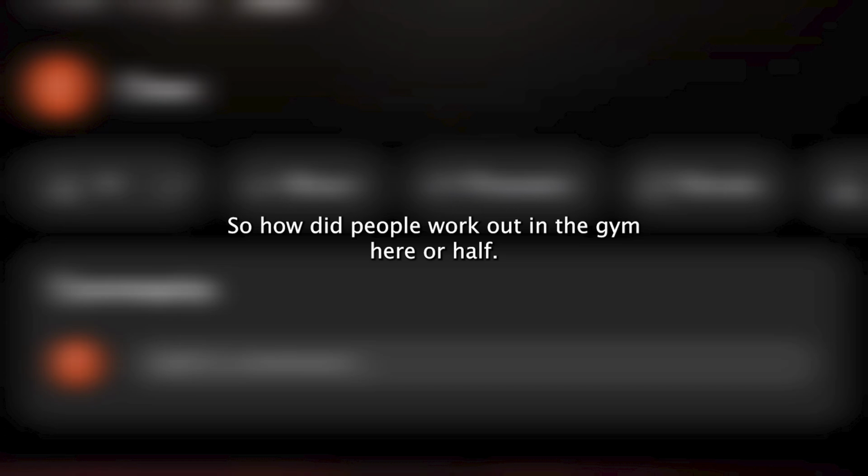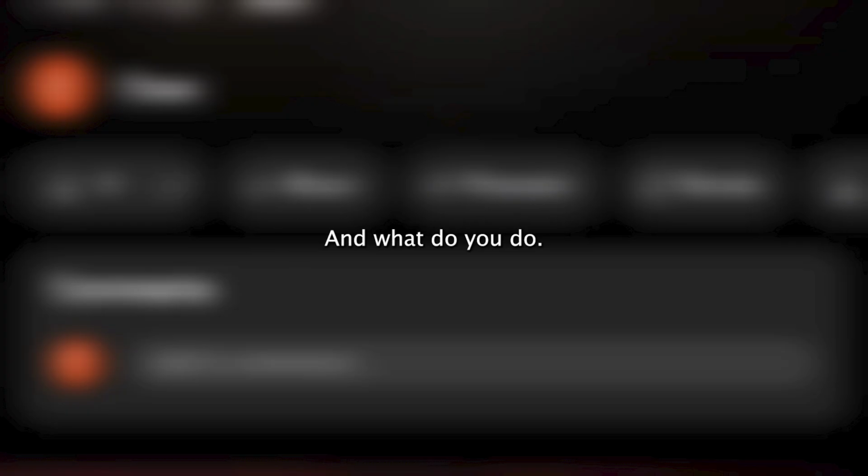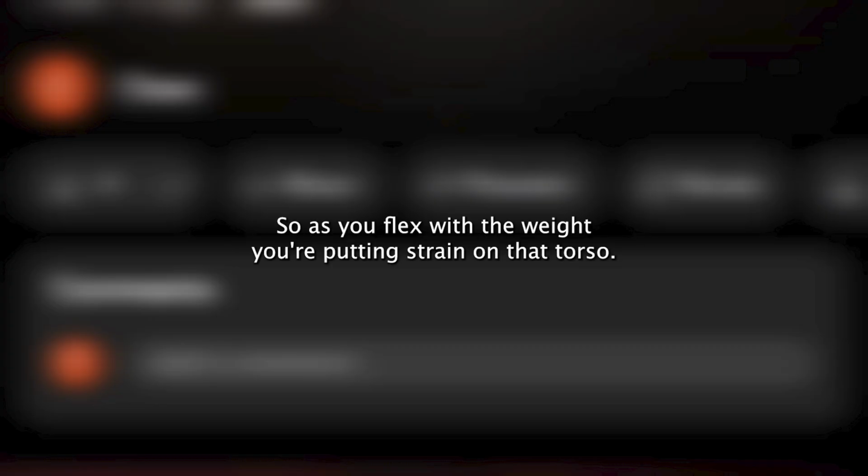So how many people work out in the gym here or have? All right, so if you're going to build up your bicep, you grab a barbell or some sort of equipment, and what do you do? You flex, right? Because that's the action of the muscle. So as you flex with a weight, you're putting strain on that muscle and it grows bigger, stronger and harder.